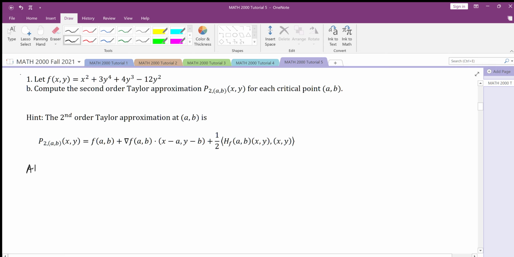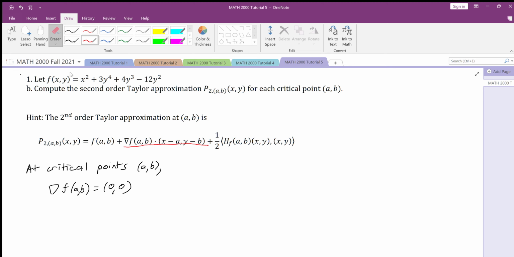At critical points, the gradient is already 0, so this part of the formula becomes redundant. It essentially doesn't appear in this case because we're working with critical points. And this part here is the Hessian matrix applied at (a, b).